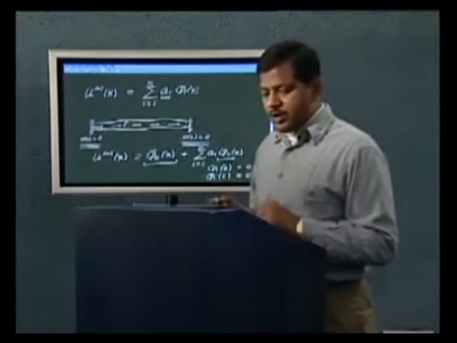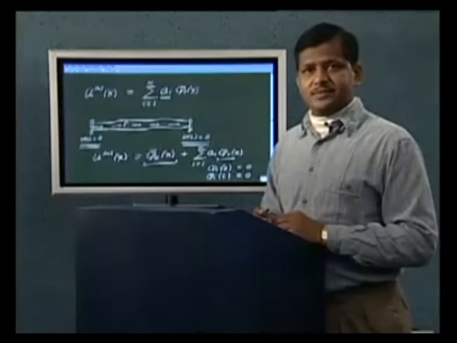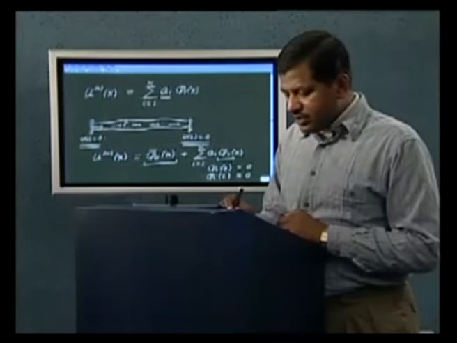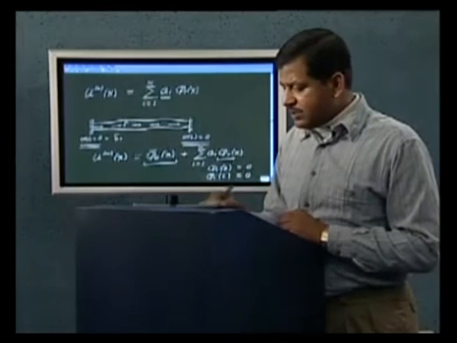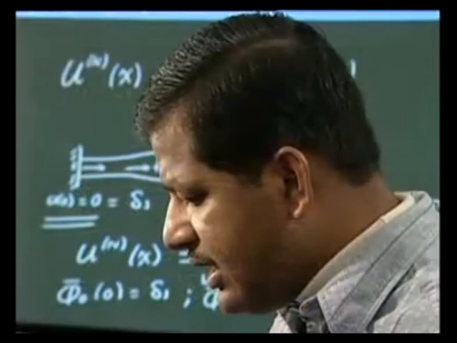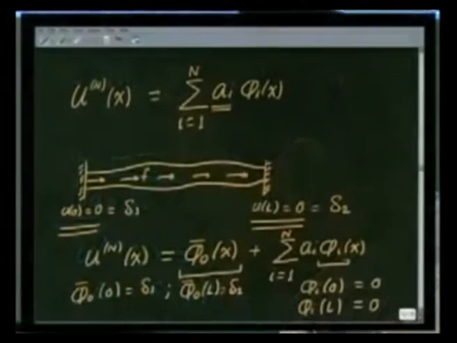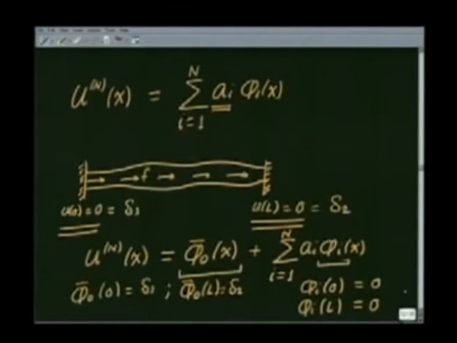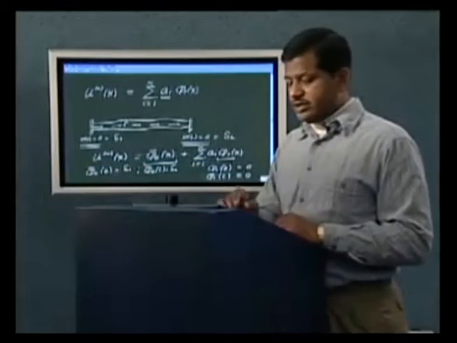You see that in all problems you may not have the 0 displacement condition. You may have this one as some number delta 1, this one as some number delta 2. In that case, phi 0 bar at 0 has to be equal to delta 1 and phi 0 bar at L has to be delta 2, while the phi i's will satisfy the conditions of 0 value at the two ends.